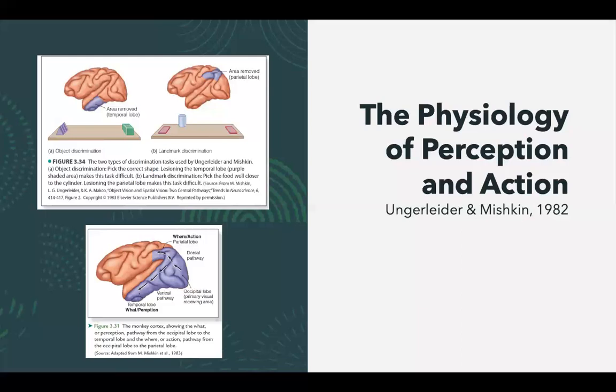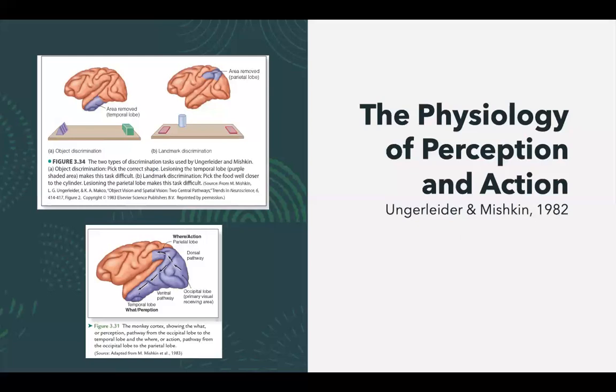The researchers therefore called the pathway leading from the striate cortex to the temporal lobe the what pathway, as you can see in this figure. So the what pathway, or the perception pathway, is the one leading from the striate cortex to the temporal lobe.